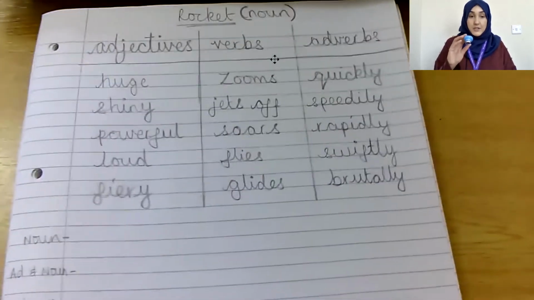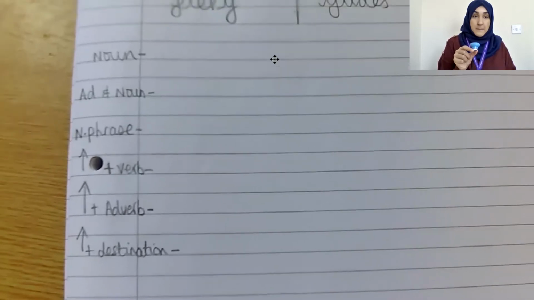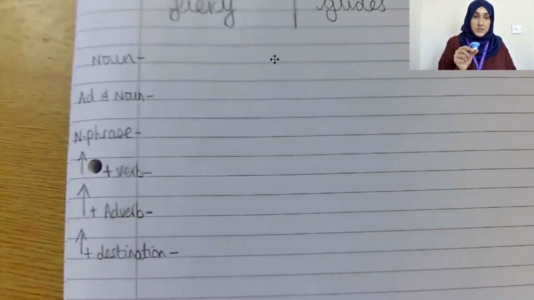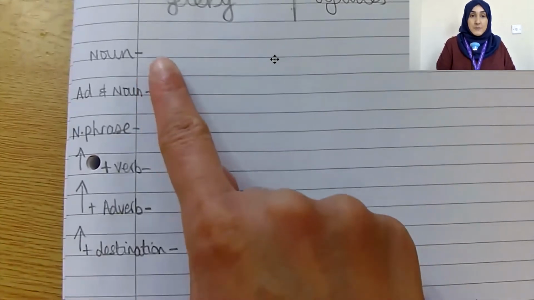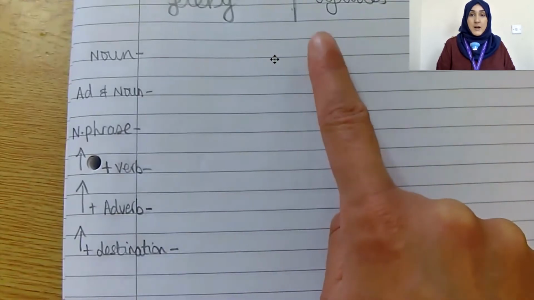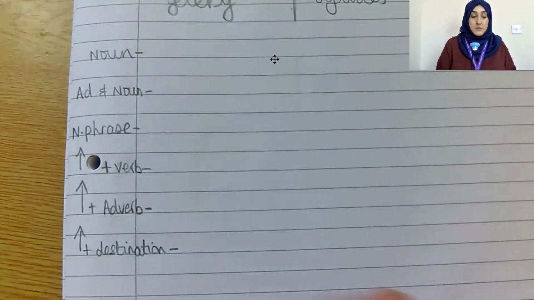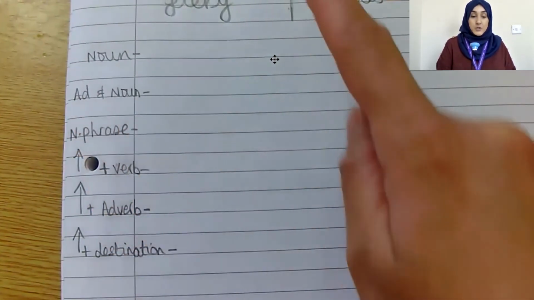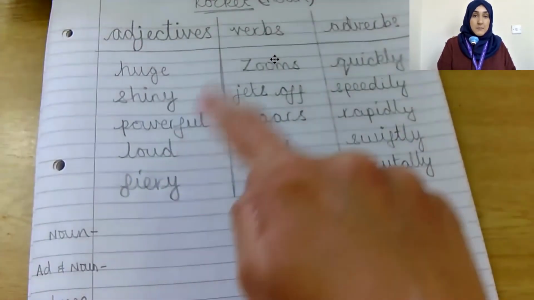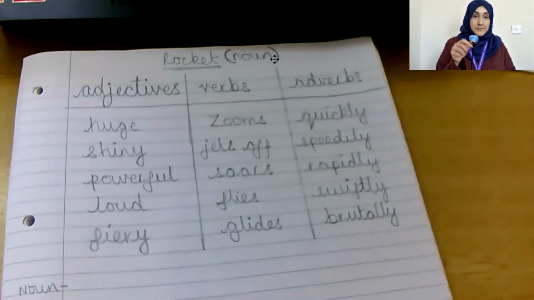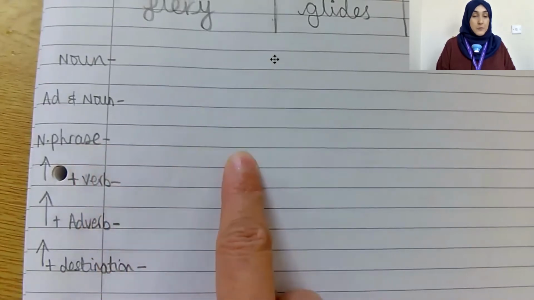On the side, I have written a few notes. This has got to do with line number. Okay, so this is going to be our first line. We are going to write our noun in the middle, which I'm going to show you in a second. Our second line of our spine poem will be our adjective and noun. We're going to choose one adjective from this list to describe my noun, which is rocket. Next, on the third line, I'm going to do a noun phrase.